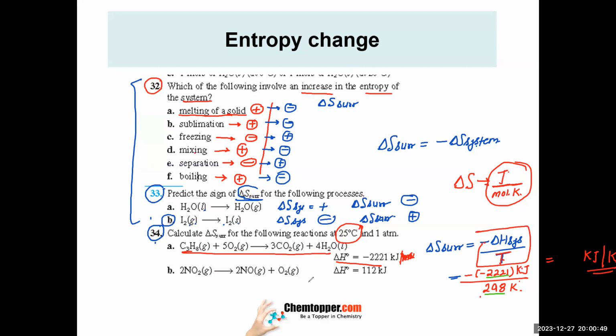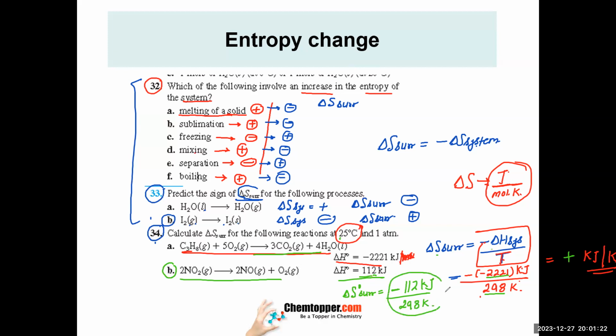How to do this one? You see that in this process, your delta S surroundings is positive. You'll get a positive value. But in this process, which is endothermic, let's see. Delta S surroundings is minus delta H system, minus 112 kilojoules, and put a minus, divided by 298.